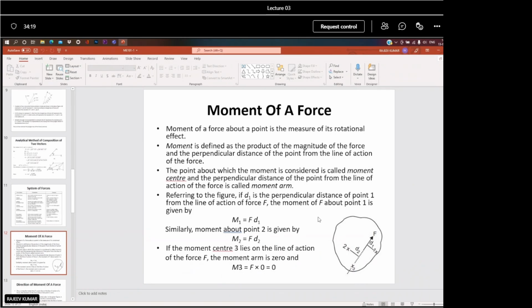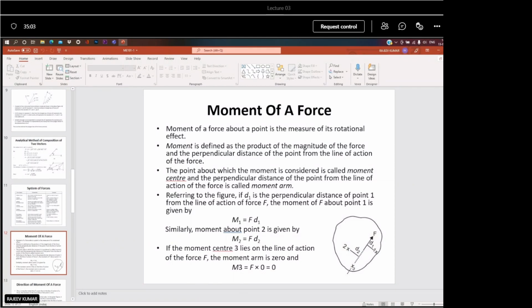So what has he given? The algebraic sum of moments. Before that we studied the algebraic sum of forces. Here what we'll discuss? The algebraic sum of moments of a system of coplanar forces about a moment center, means about a point, is equal to the moment of the resultant force about the same moment center.